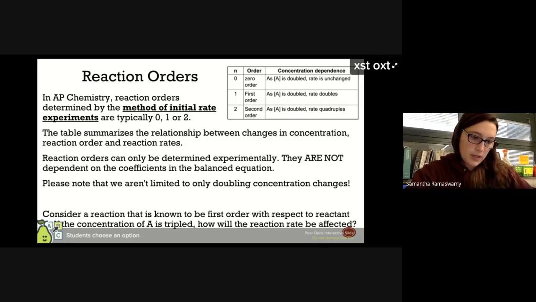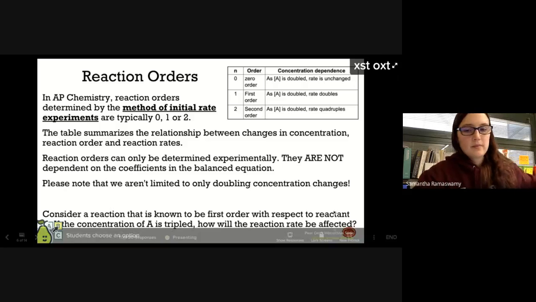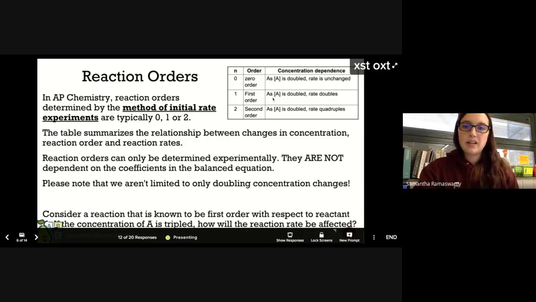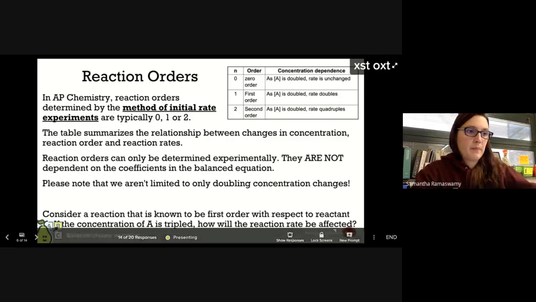You have a multiple choice question for this. So again, it's first order. And if you look at this table up here, it tells you what happens if it's first order. If A is doubled, the rate doubles. Well, we're not doubling in this case. If we're tripling the concentration, what would happen to the rate?